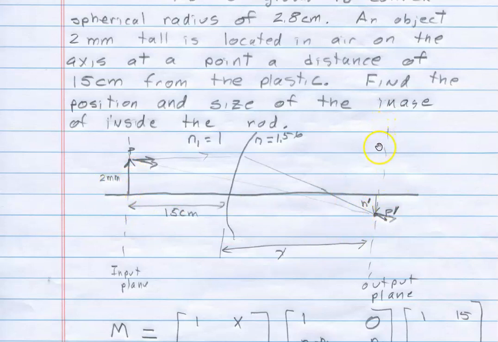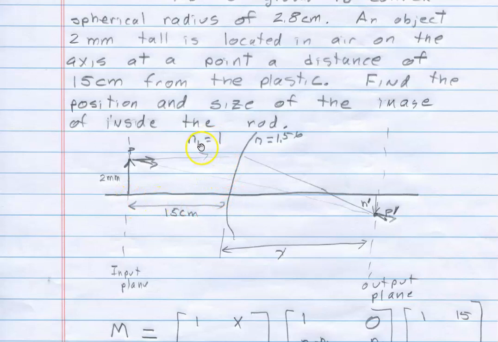And you put the output plane nominally where the image would be. In this case, I don't know where the image is, so I just left that at x. I do know where the object is. It's 15 centimeters in front of the interface.